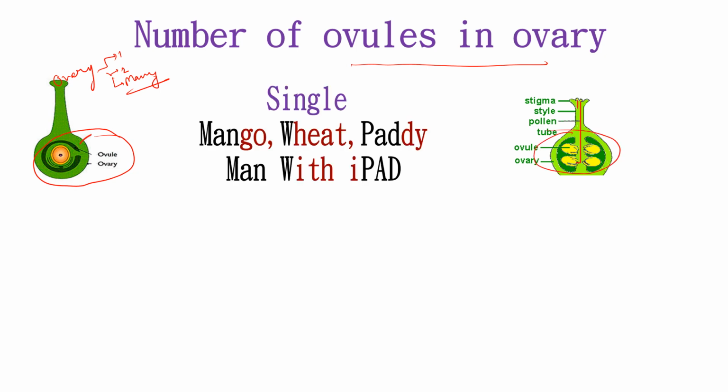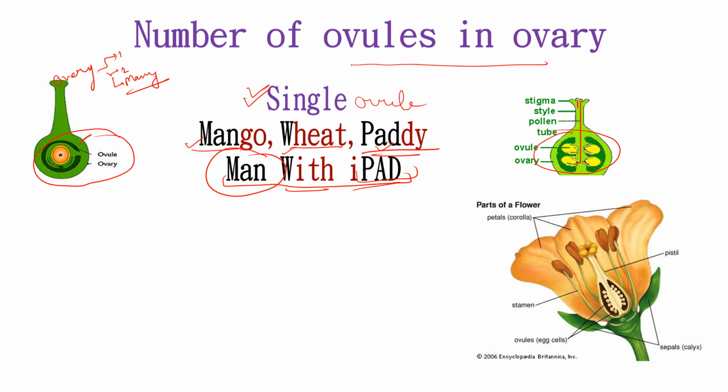For the single ovule, the examples given are mango, wheat, and paddy. For that, "man with iPad" is the simple trick. From man it's mango, from with it's wheat, from iPad's pad it's paddy.